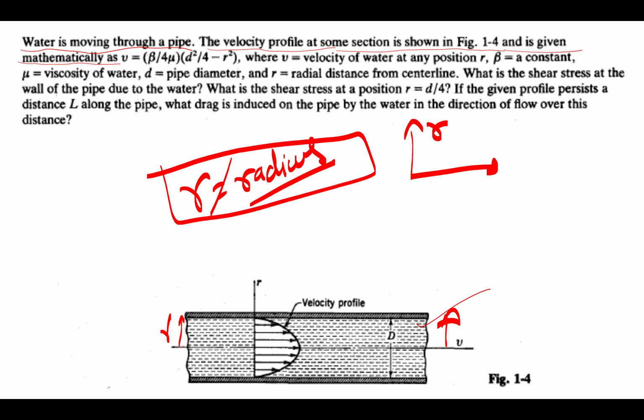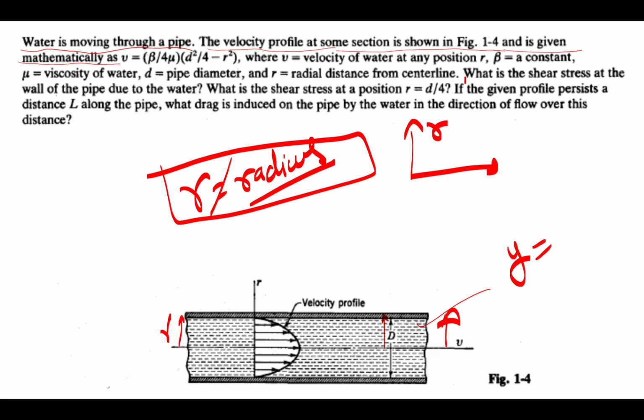Or you can write y in place of r. But when r reaches the tip, that is at the wall, then r will become the radius, but otherwise it will not be the radius.